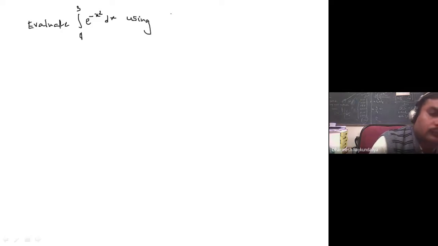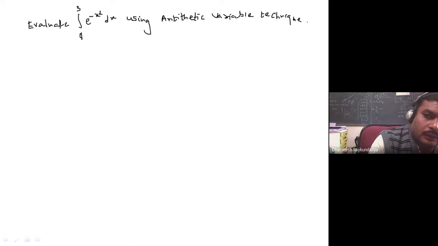So again we will come to the same question. Evaluate the integral from 0 to 1 2 3 of e raised to minus x square dx using the antithetic variable technique, and we will show you that it is actually reducing the variance.